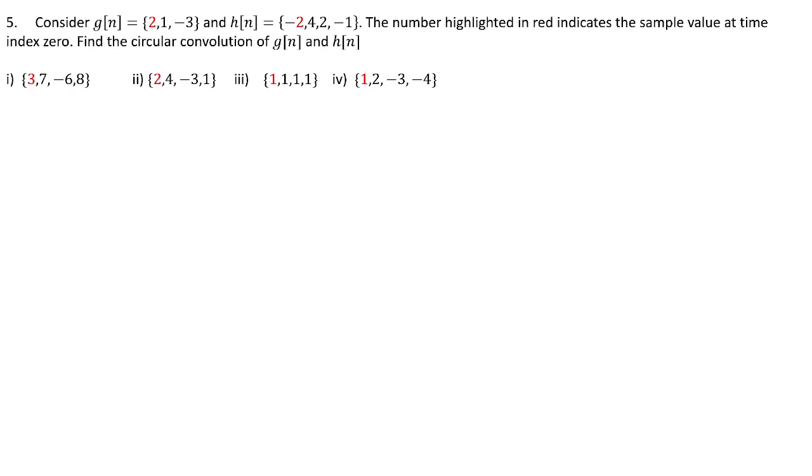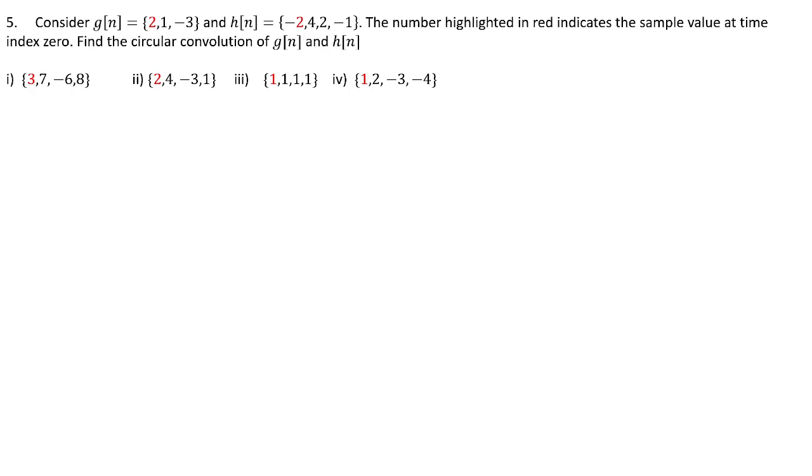Okay, here we are given two signals, gn of length 3 with elements being 2, 1 and minus 3, and hn where elements are minus 2, 4, 2, minus 1 of length 4. As it's convenient, the numbers in red refer to the sample value at time index 0. We are asked to find the circular convolution of gn and hn. So we can do that by this matrix method.